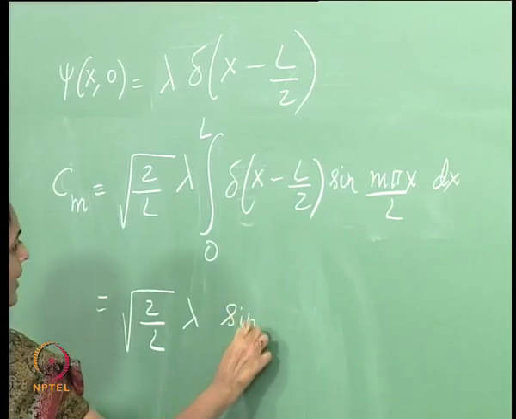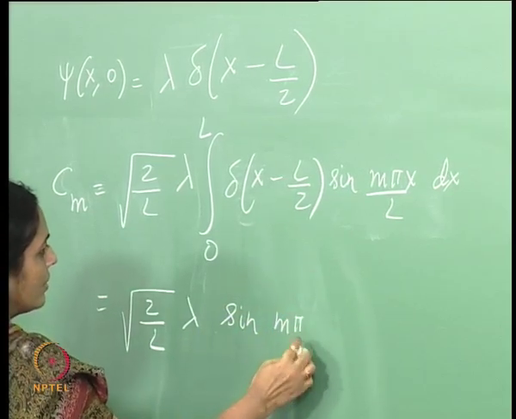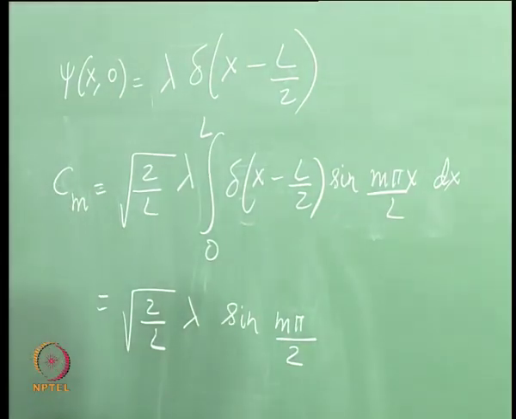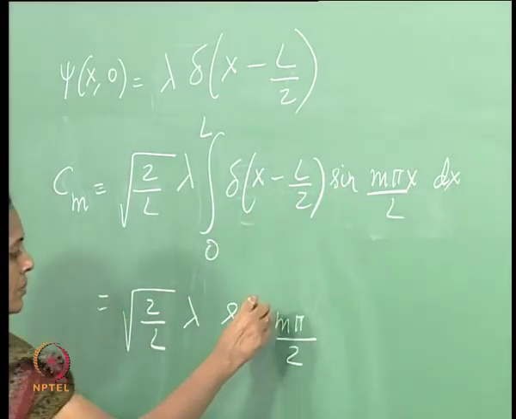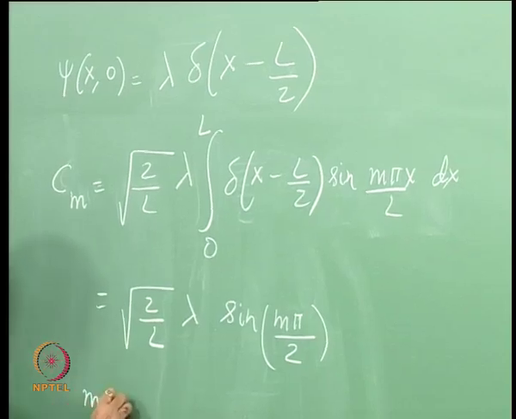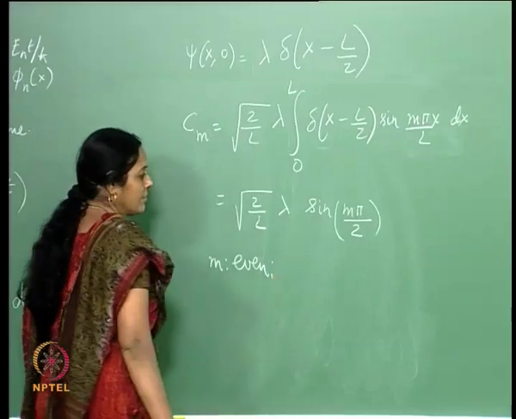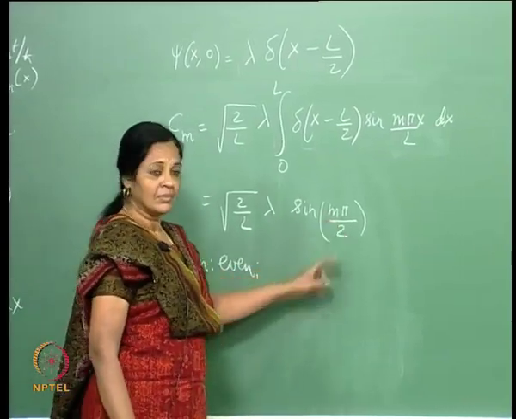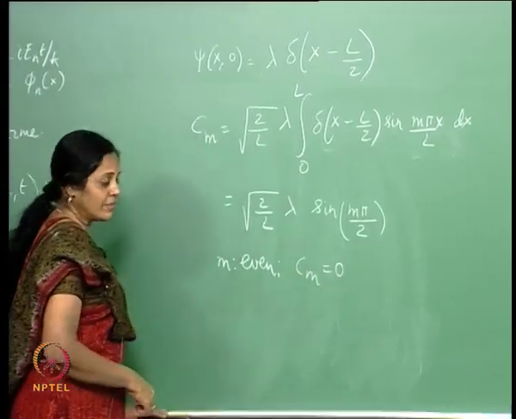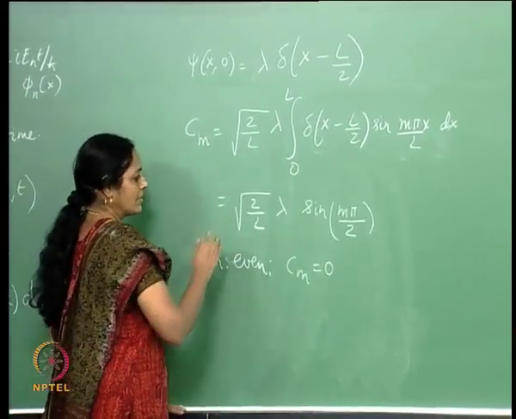This is simply sine m pi by 2, because I just replace x by L by 2. So, one thing is clear: if m is even, the Cm's vanish as before, and if m is odd, the Cm's survive.